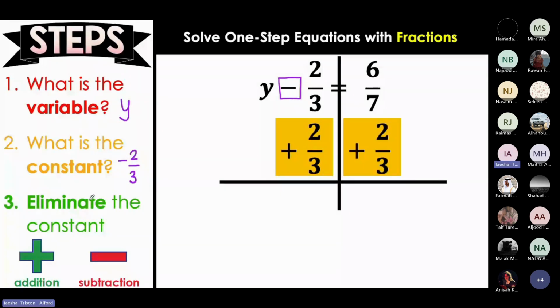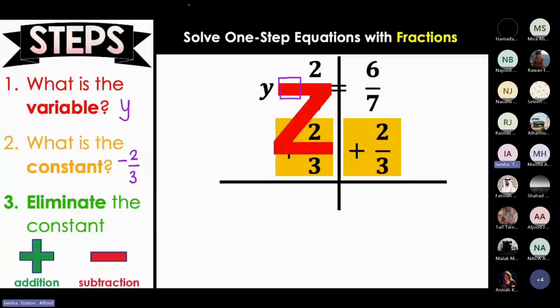So maybe this is one you need to practice, because it's a fraction and you shouldn't get confused. When you do negative 2 over 3, add 2 over 3, what answer does it give you? 0, right?